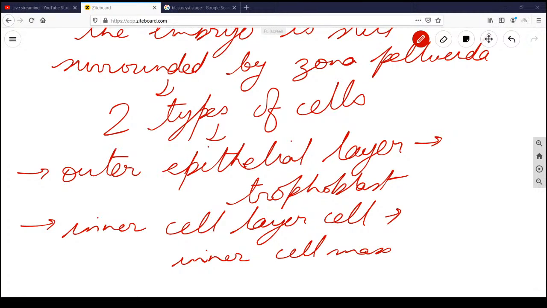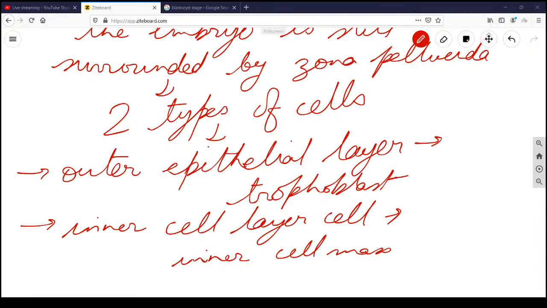Now, each blastomere at the 2 cell stage and the 4 cell stage, if you go back to it, contributes cells to both the inner cell mass and the trophoblast.